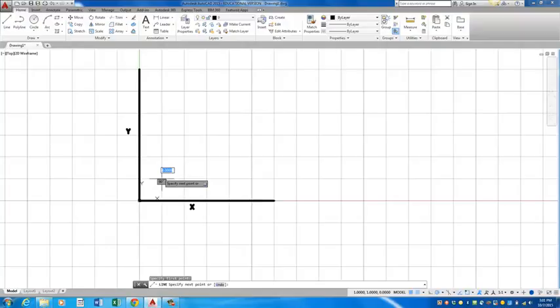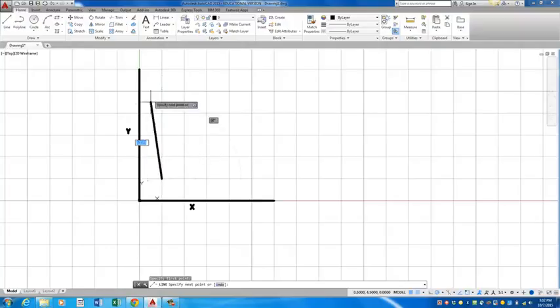So each square on here is equal to 1 inch. So that point I plotted right here starts on 1, 1 if we're using absolute coordinates. In a little bit I will explain relative coordinates. For now we're just going to focus on absolute. So absolute coordinates, the point that my cursor is on right now is 1, 1.